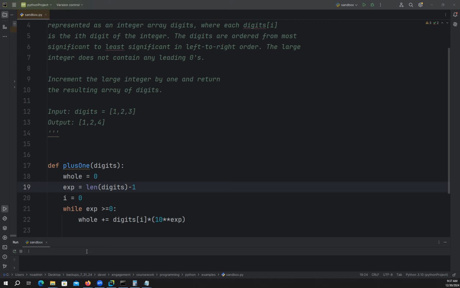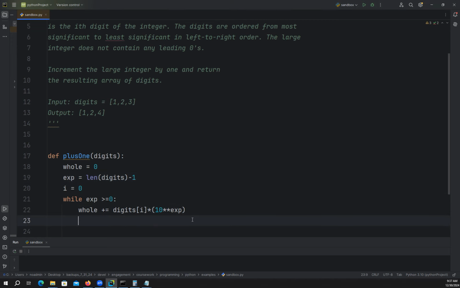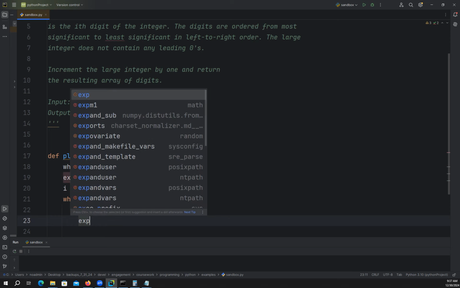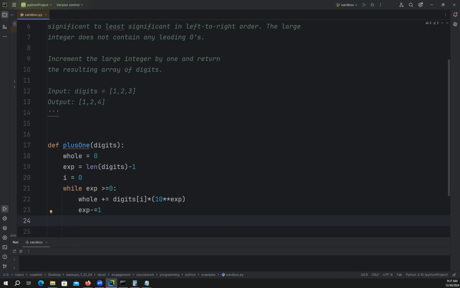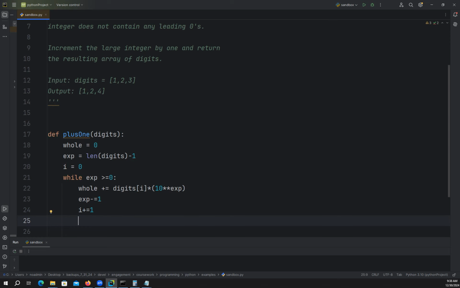All right, back to the coding. Once I've added that quantity to my whole, I am going to decrement my exponent, because the exponents go down as I move forward, and I'm going to increment i, because I'm going to move forward through my list.